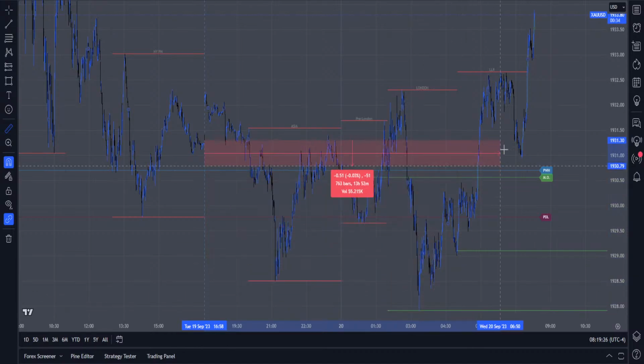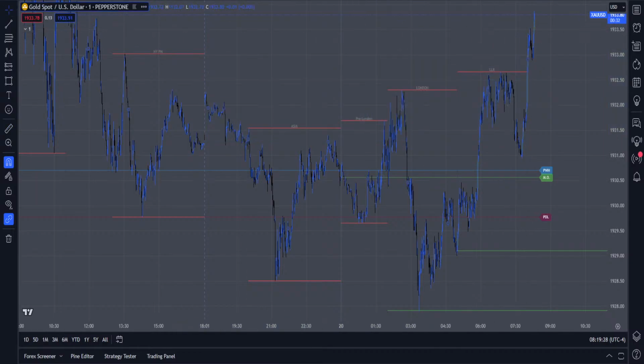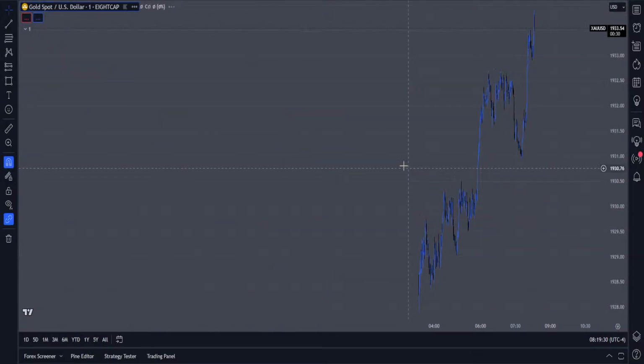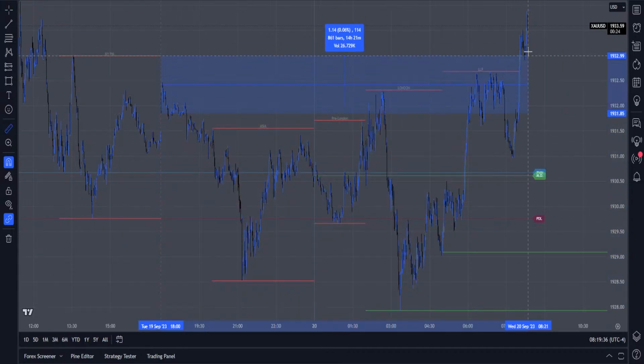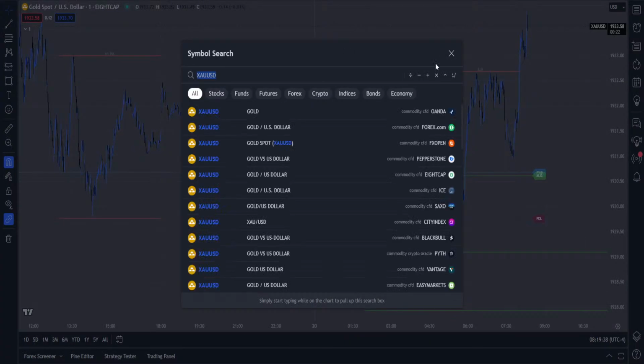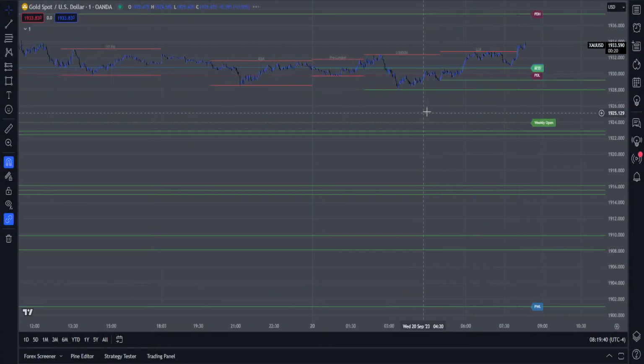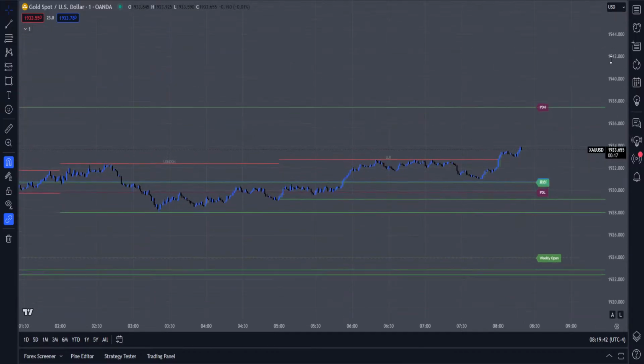Alright, we have 3 here, 2, yeah, we're going to assume $392. So we are basically bullish for the day.